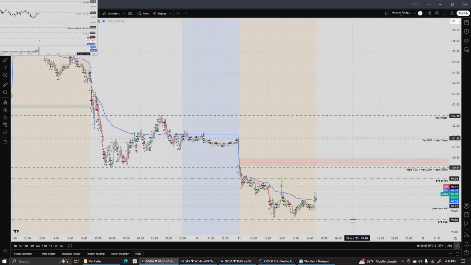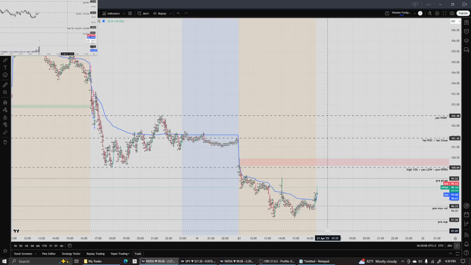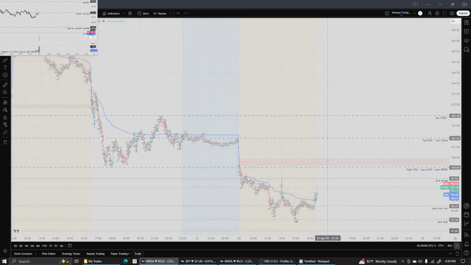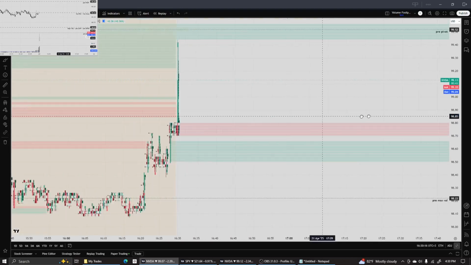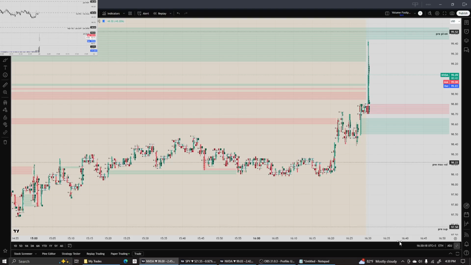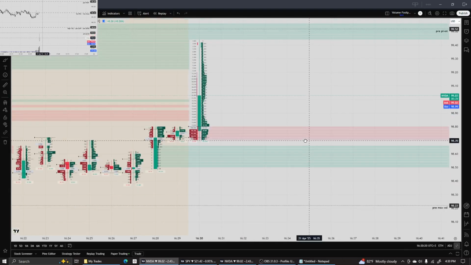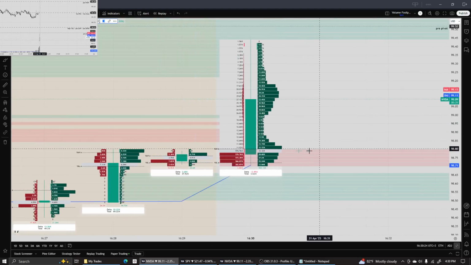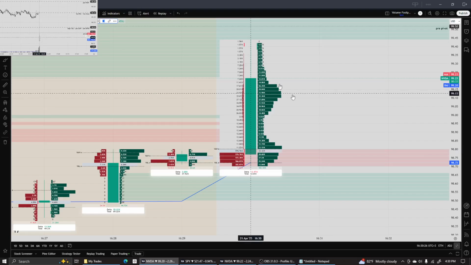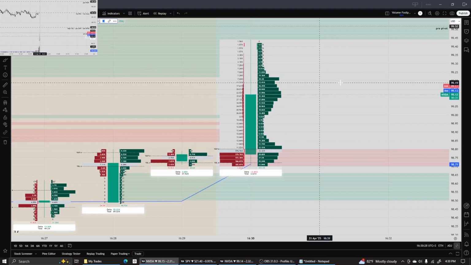Does the market open? Yup, the market's open. Open low, rising up, pre-market pivot hit. Intensive buying, intensive buying. Okay.